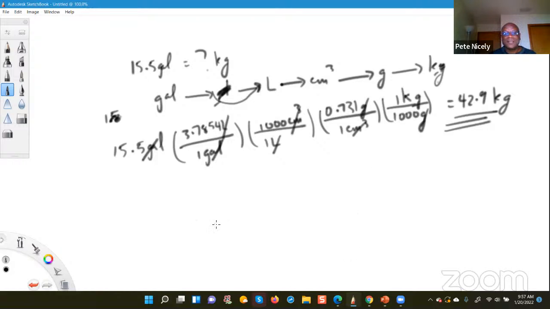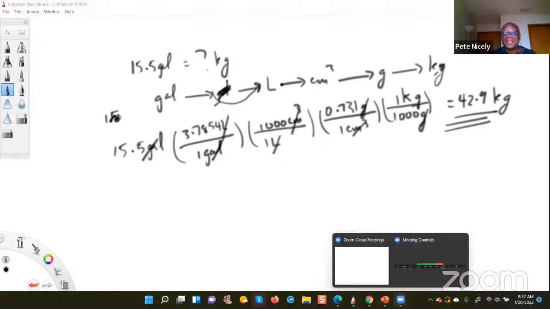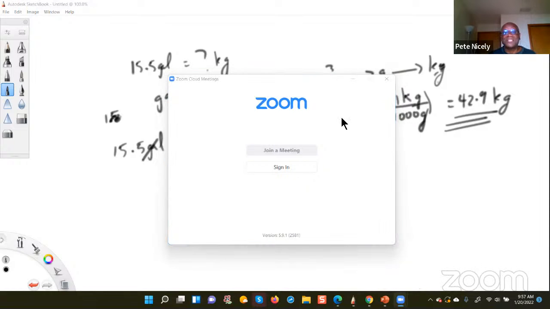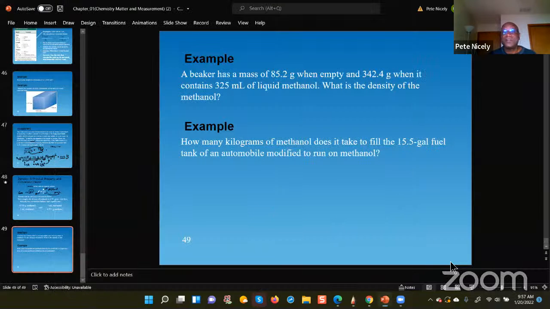Okay, so I think that's basically it for this chapter. Let me just check something here. Okay, so that's it for this chapter. So what I'm going to do now is start chapter 2.